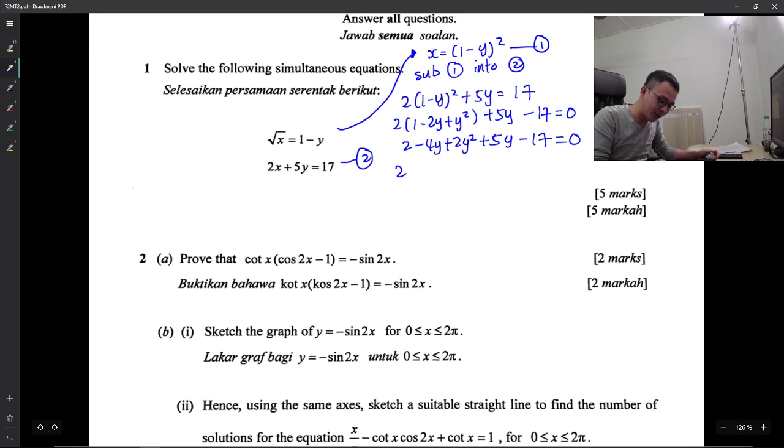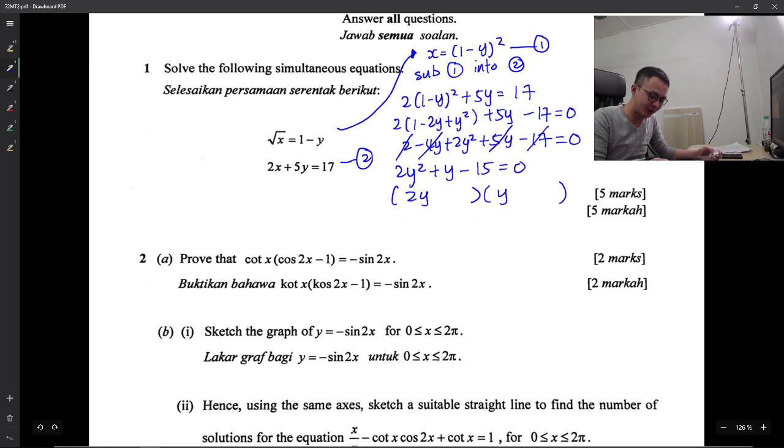Then just solve this one. 2y squared, negative 4y plus 5y, I have positive y. And 2 and negative 17, I get minus 15 equals 0. Then I factorize. This is 2y, this is y. In order to get, I will do 5, 3, and plus minus. So y equals 5 over 2, or y equals negative 3.